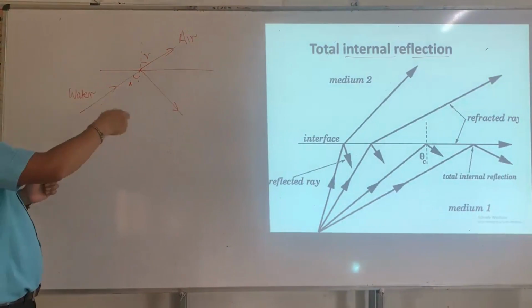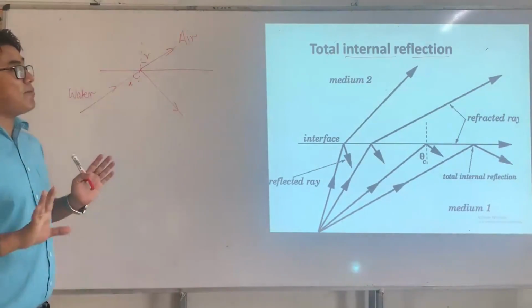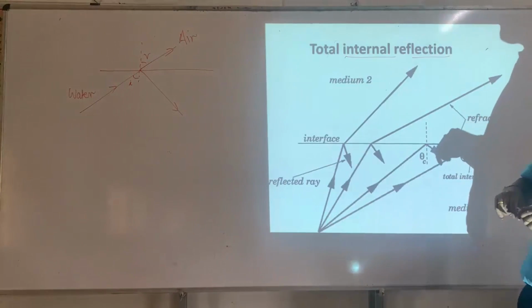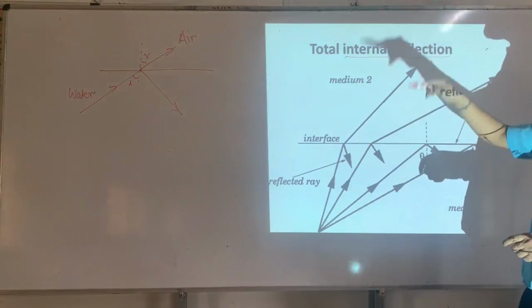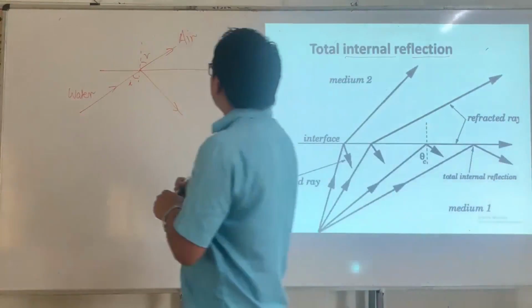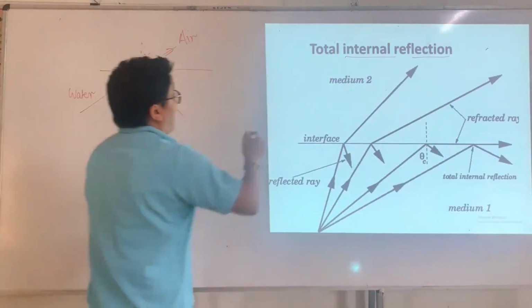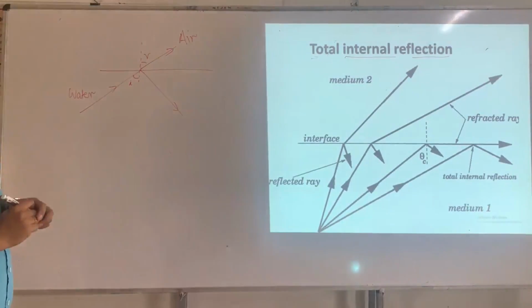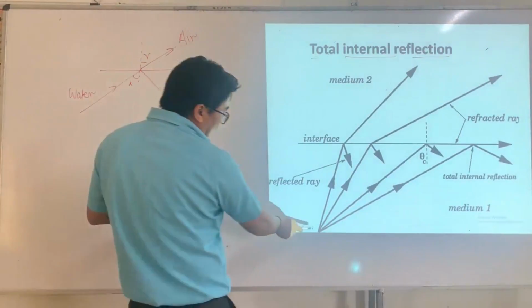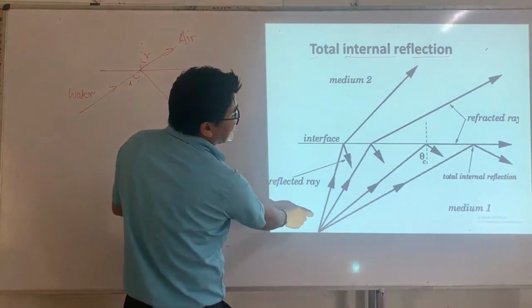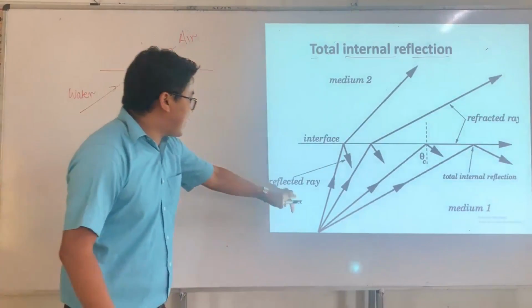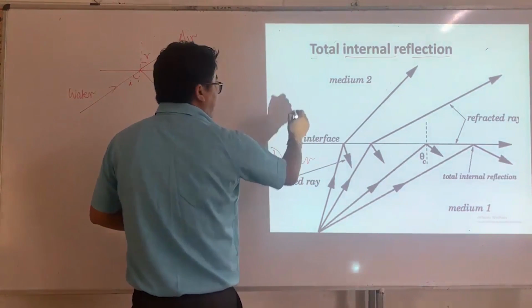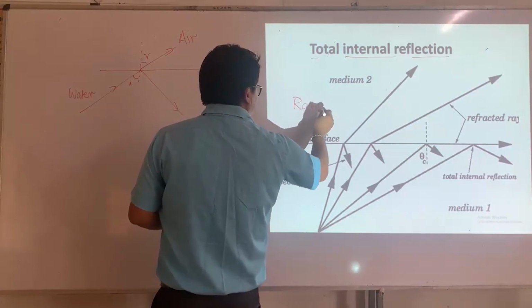Reflection taking place in the same transparent medium is what we call internal reflection. I didn't discuss total yet. So this is what we have. Let's say this is a denser medium, and this is a rarer medium.